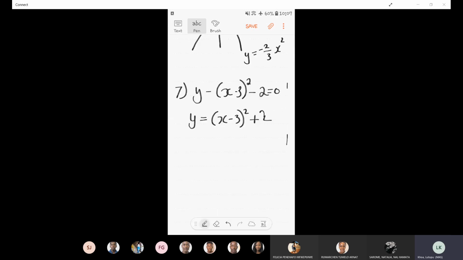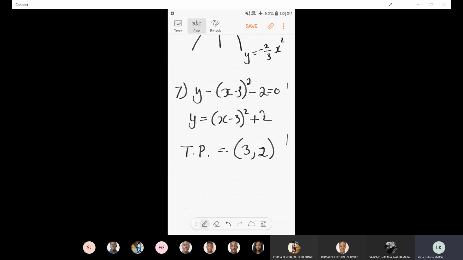This is already in the form where the square is complete, so I can already read what my turning point is. My turning point will be positive 3 and then 2. That is my turning point.